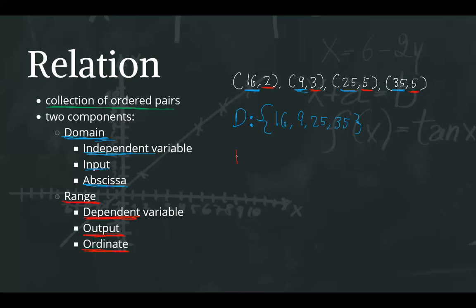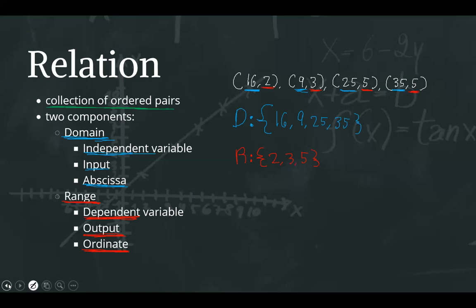Therefore, the range of this relation is 2, 3, 5. So 2, 3, and 5 are the numbers in the range, coordinates or components.